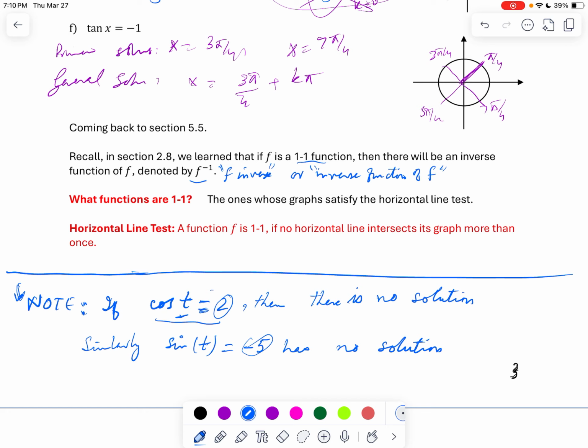We can check algebraically as well if a function is one-to-one or not, but graphically it's quicker. If you draw a horizontal line and it crosses the graph in more than 1 point, then it is not one-to-one. For example, the graph of x squared does not satisfy the horizontal line test, so f of x equals x squared is not one-to-one.